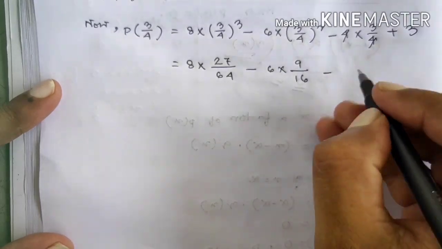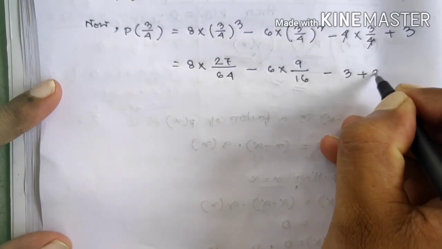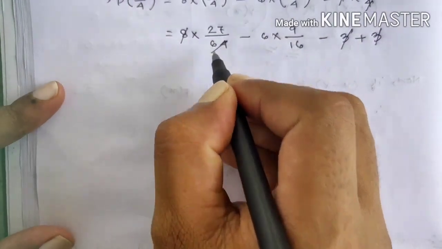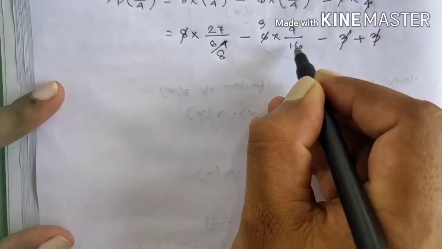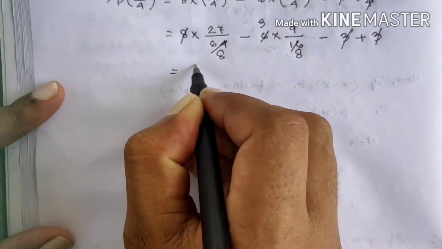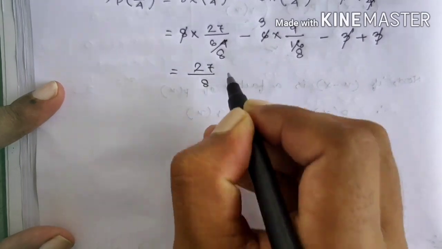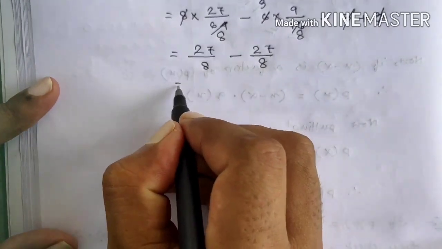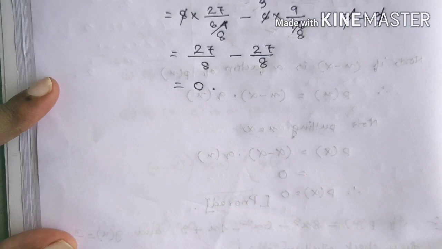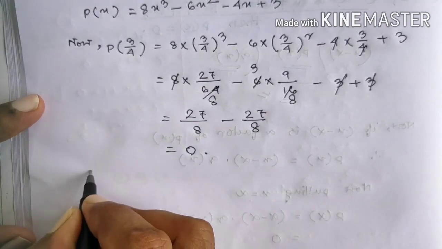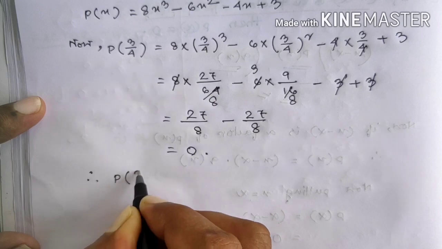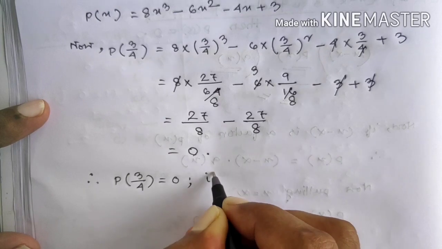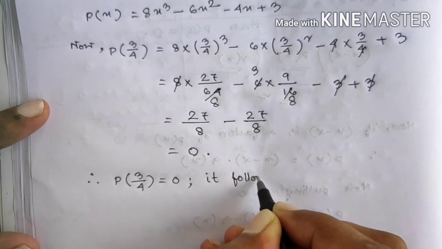We have to calculate p of 3 by 4 because here alpha equal to 3 by 4, and we have to find whether p of alpha is equal to 0 or not. Here after calculating we can say that p of 3 by 4 equal to 0. Since p of 3 by 4 equal to 0, it follows that g of x is a factor of p of x.